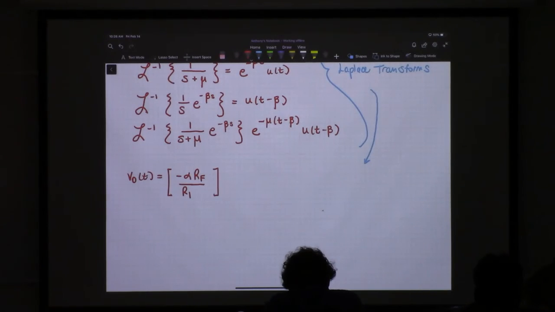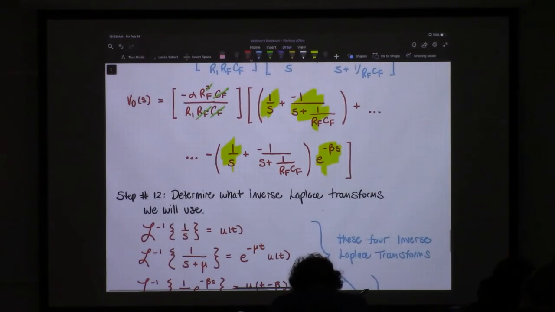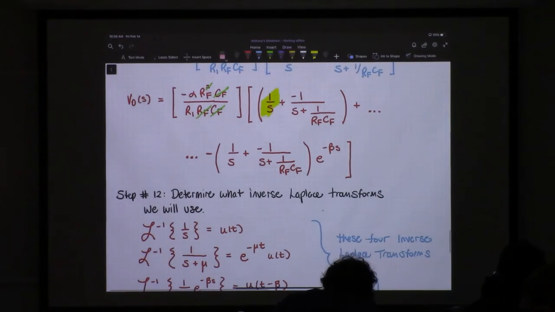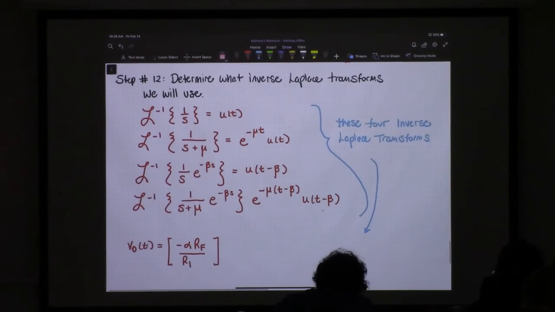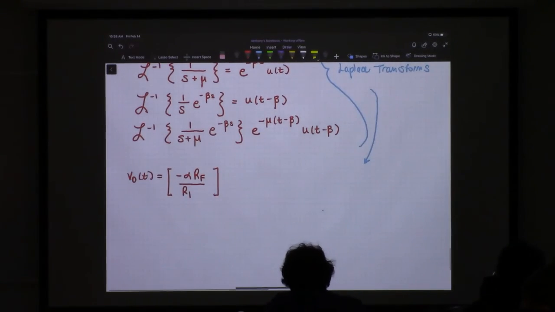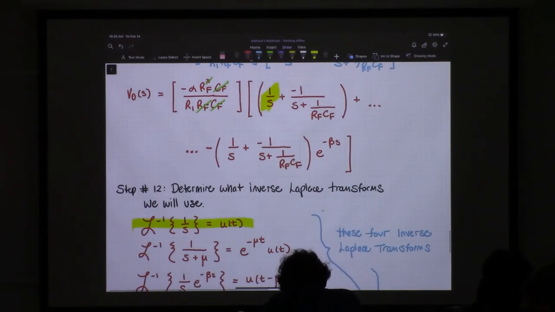Okay. Now, let's address that term that's highlighted. So what's the inverse Laplace transform of 1 over s? u of t. So what we have is u of t. Next, this one. We'll use this down here.